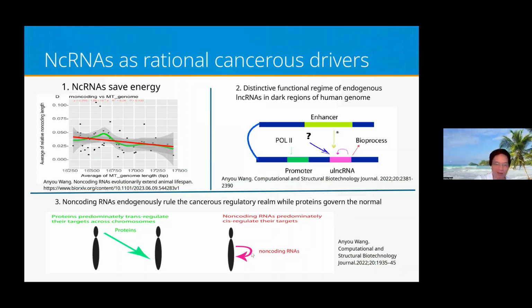So that's why the non-coding RNA becomes the endogenous biomarker for cancer. A lot of people publish that a protein is the fundamental mechanism, and publish a lot of papers, but it's actually not the fundamental mechanism for cancer. Cancer's fundamental mechanism is non-coding.